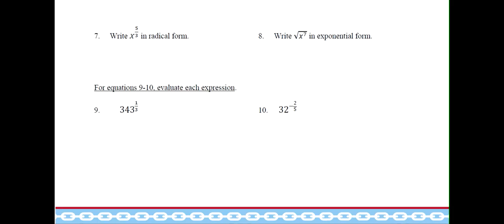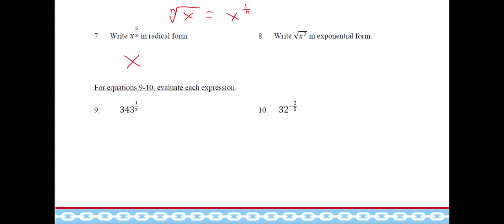For number 7, switching from exponential form to radical form, we need to keep in mind that when we have an nth root of x, we can rewrite that as x to the 1 over n power. So that is our relationship between radical and exponential form. So for number 7, we have x to the 5/3.